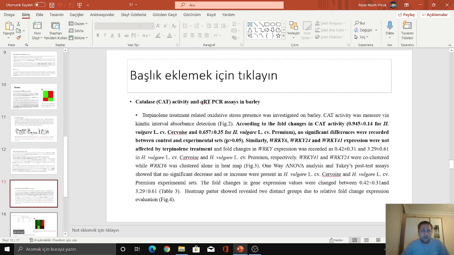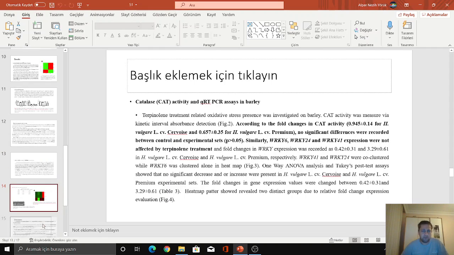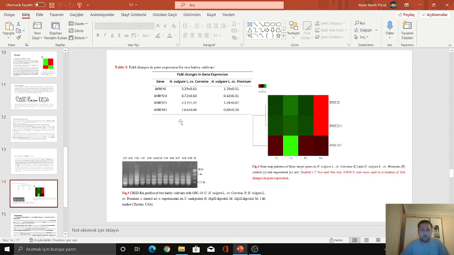In addition to electroconductivity and water loss rate assays, catalase activity and QRT-PCR analysis also showed that terpinolene did not significantly change the expressions in the two barley cultivars. Here we see a table for fold changes in gene expression, heat map assays with no significant changes, and idiomorphic and homomorphic bands from CRED-RA assays.